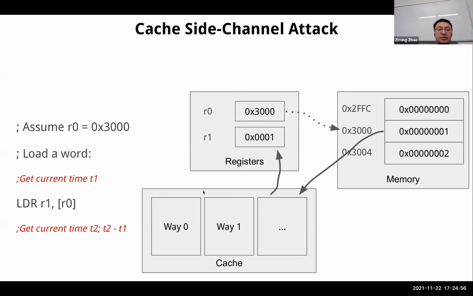So what we do is, we measure the time before executing this instruction and also after executing this instruction, then we subtract time 1 from time 2, and we get how long this instruction takes. Then we will know if the data was retrieved from the cache or from memory.